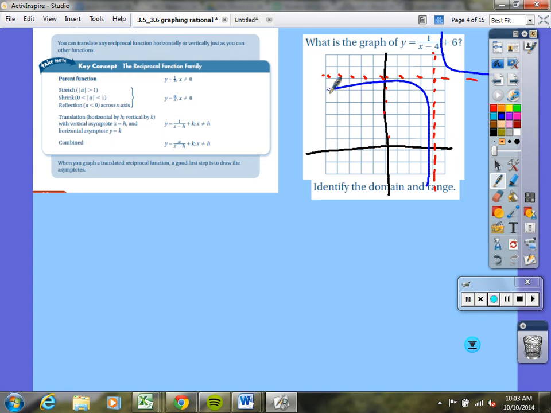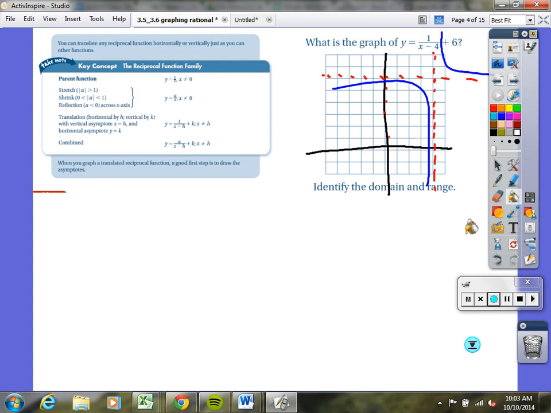Could I get an actual x-intercept? Am I crossing the x-axis? Am I crossing the y-axis this time? Could I find an x and y-intercept this time? Sure, should we do that? Let's give it a shot.